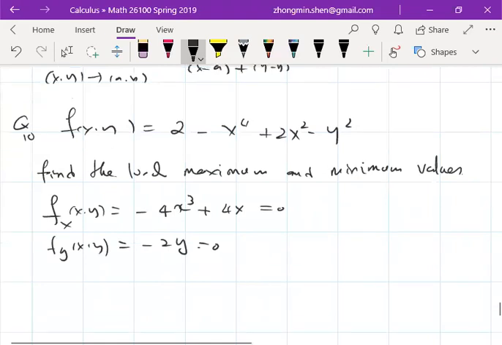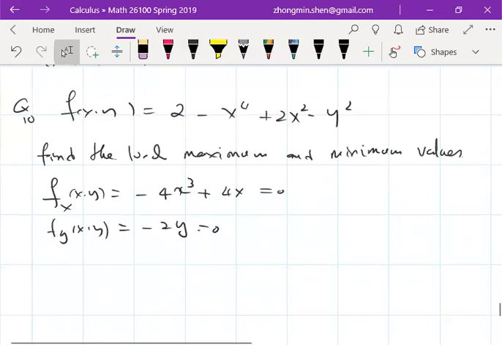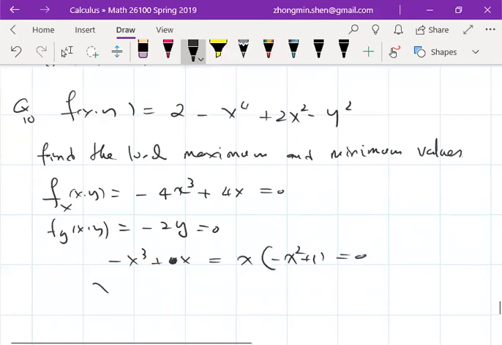All right. So y is always equal to 0, right? The first equation, if you get rid of 4, you get this. But you can take x out. Then you get this, right? So you get x equals 0, x squared equals 1.